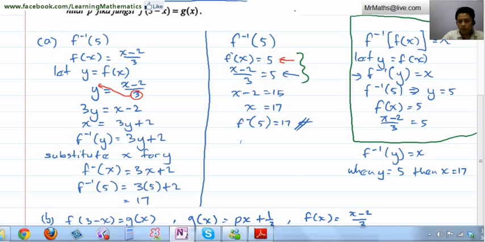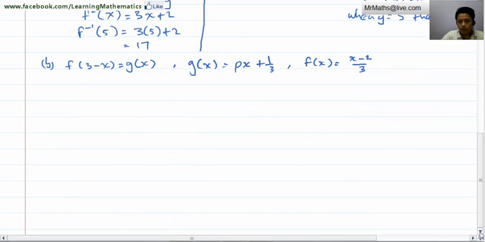Okay, so let's put 3 over x into the argument here. So f(3 over x) is equal to 3 over x, in place of x here.